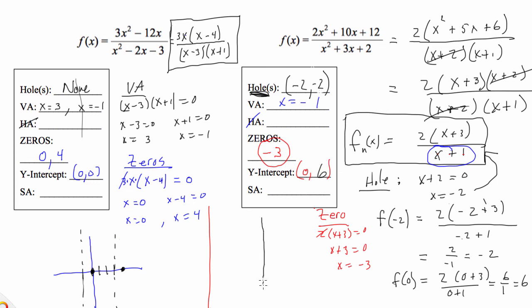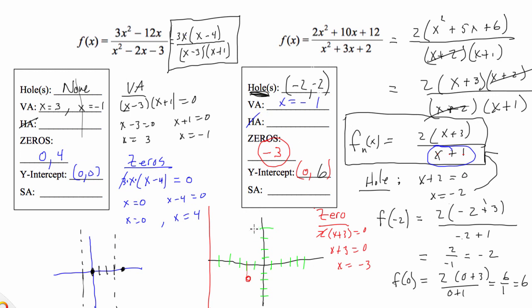All right, let's see what this graph looks like. I'll put in all the stuff that we need. Okay, the hole at (negative 2, negative 2). I'll do all this other stuff in red. So negative 2 is about here.